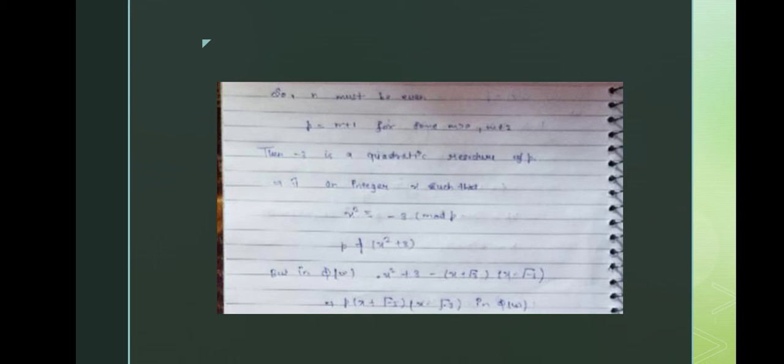Then minus 3 is a quadratic residue of p. There exists an integer x such that x² is congruent to minus 3 mod p, or p divides x² plus 3.